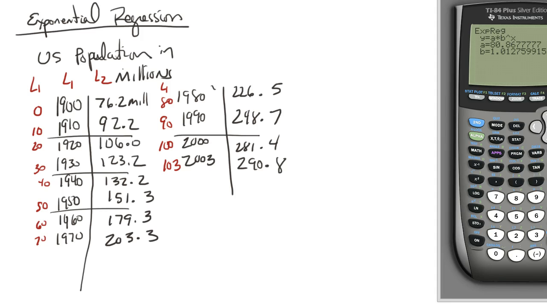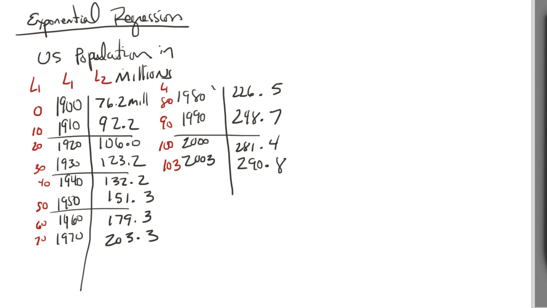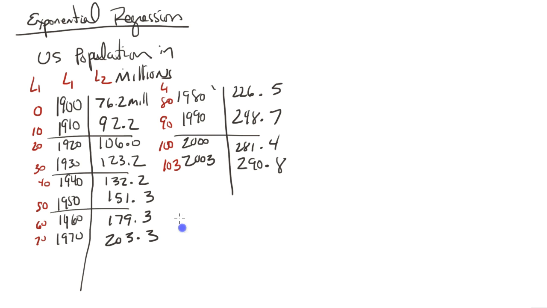So let's write that equation down. I'm just going to slide it out of the way here. And what do I get? It says y equals a times b to the x. You know what? Let's write this in function notation. So I'm going to call it P of t, population over time, equals 80.86, bunch of sevens.